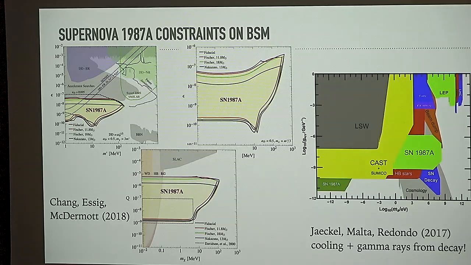All right, so anyway, here are a bunch of different plots showing the constraints you can set with the supernova. This one is for if you have particles, let's say Dirac fermions coupled to a dark photon that's kinetically mixed. Here's the parameter space if the particle that's charged under the dark photon is a little bit heavier than the dark photon.